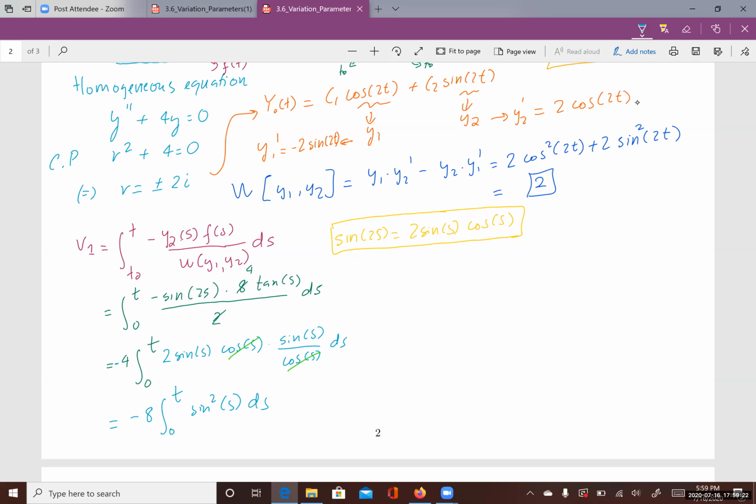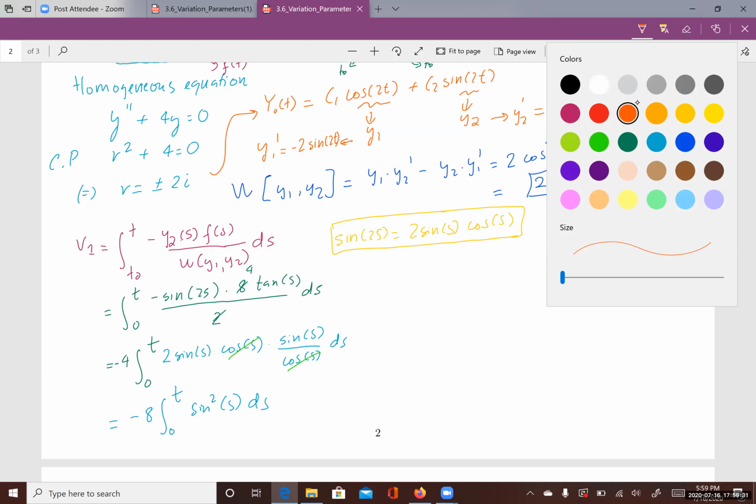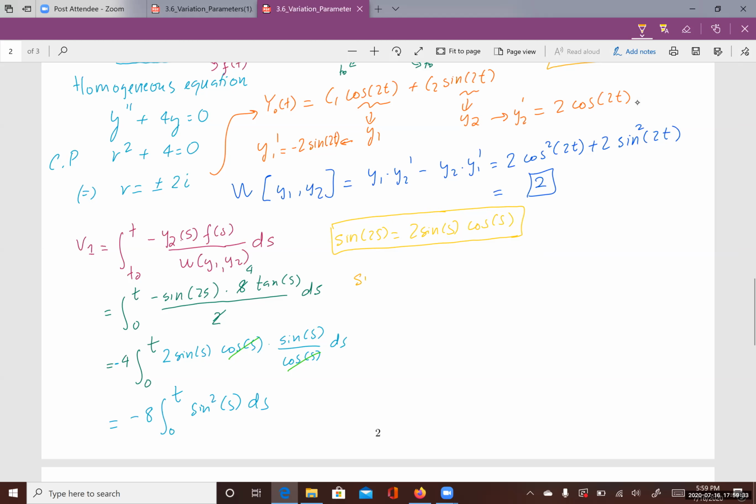Okay. The sine square, we have to find this integral. And luckily, we have another trig identity that involves sine square. So sine square of s equals 1/2 of 1 minus cosine of 2s.